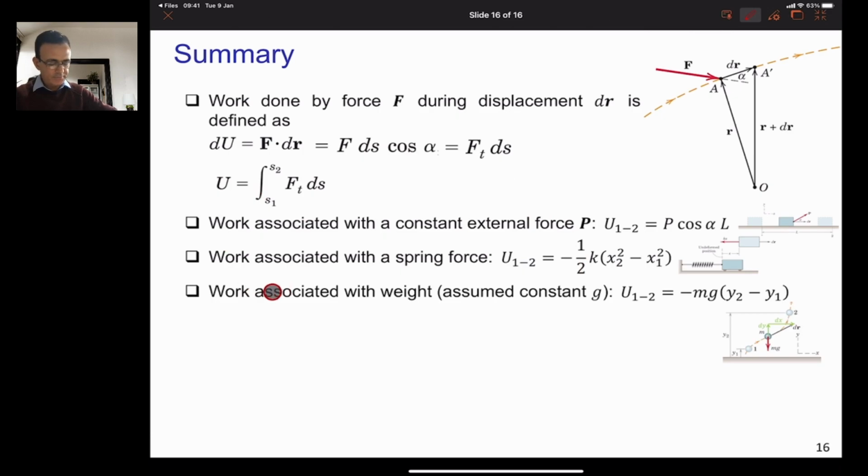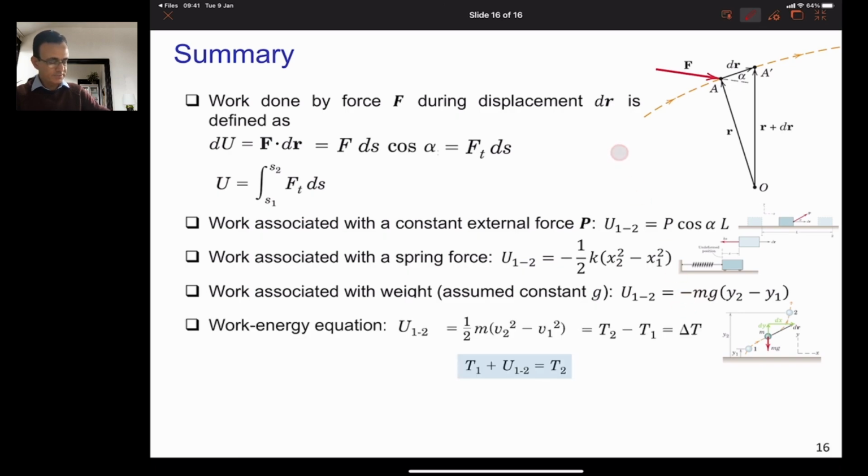Similarly, we also derived the equation for work associated with the weight, and we are assuming here a constant g. The work done from 1 to 2, when the body moves from location 1 to location 2, is equal to minus mg (y2 minus y1), and again this is negative because the body is moving against the gravitational force.